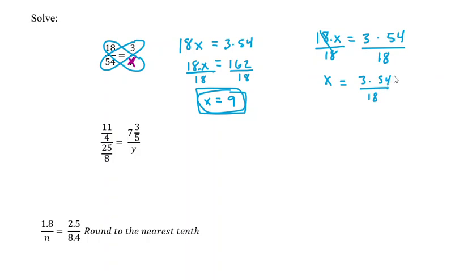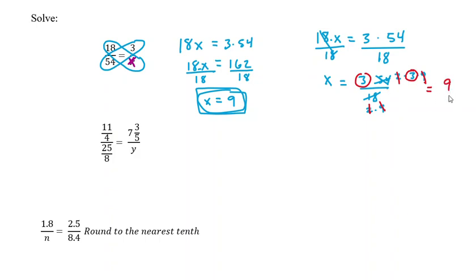Well, let's think about that. 54 is 2 times something. What is it? 2 times 27, which is 3 times 9. And 18 is 2 times 9. And so now I notice that there is a 2 in the top and the bottom. There's a 9 on the top and the bottom. And if I cross those out, I'm left with just a 3 and another 3. So x is equal to, on top, 3 times 3, which is 9.